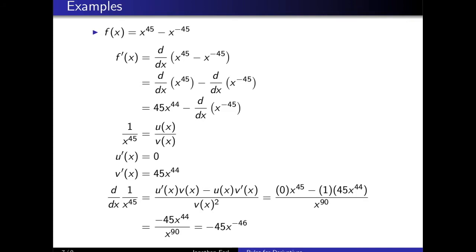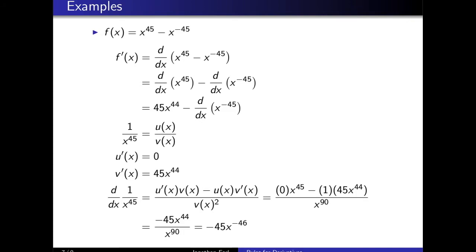Minus 45 is clearly not a positive integer. So our derivative of x to the 45 is 45x to the 44. But then we need to come up with the derivative of x to the minus 45. For that, we're going to use the quotient rule. So we'll write x to the minus 45 as 1 over x to the 45, or in other words, u divided by v.